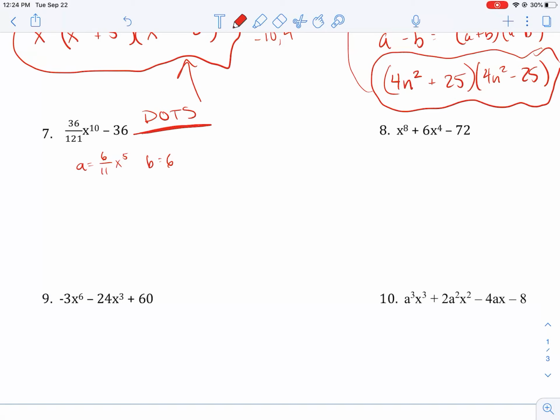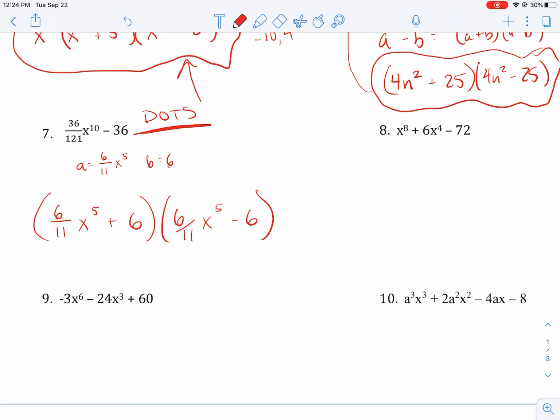So our answer to this is going to be 6/11 x to the 5th plus 6, times 6/11 x to the 5th minus 6. And that is our answer to that one.